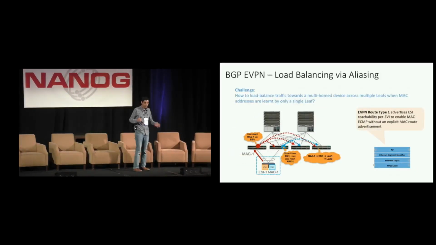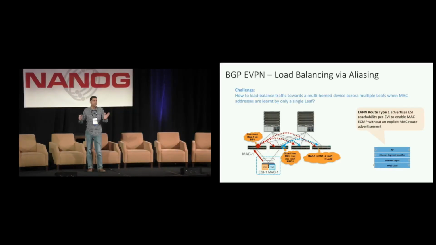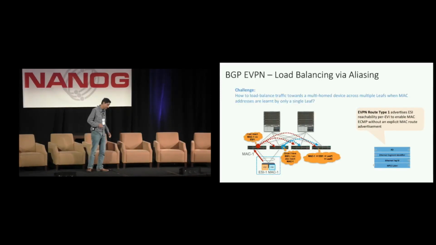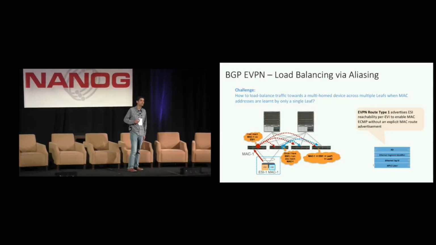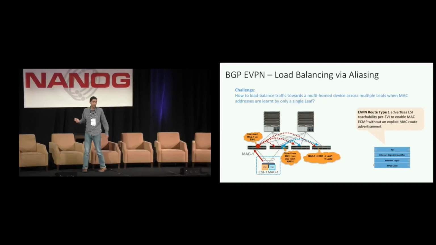Now, if a host is multi-homed to 2 or more leaves, it is possible that that host's MAC and MAC IP might only be learned on one of the leaves because of the way the layer 2 link bundle hashes the traffic. And if that host is only learned on one of the leaves, that host's MAC IP route would only be advertised by one of the leaves to all the other leaves in the overlay.